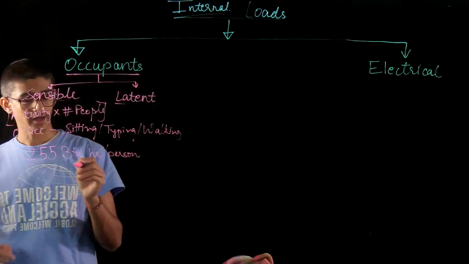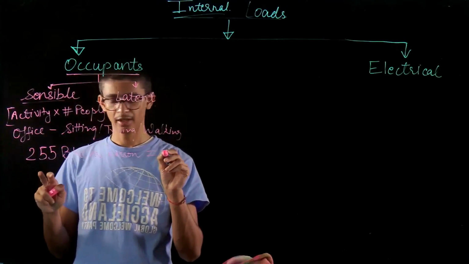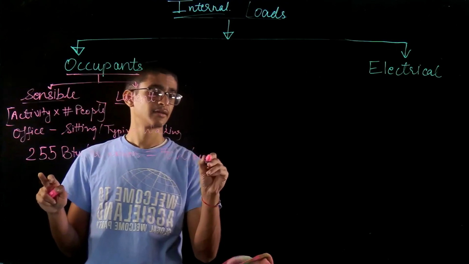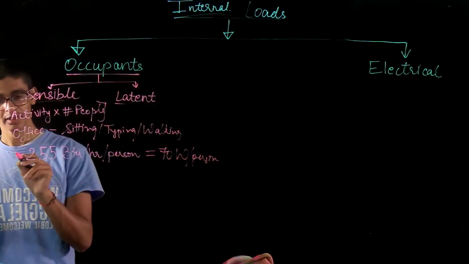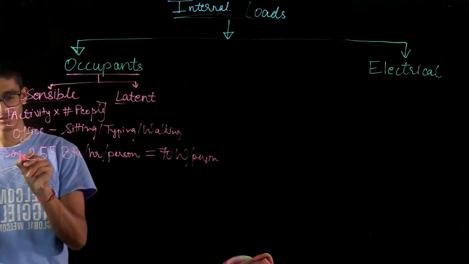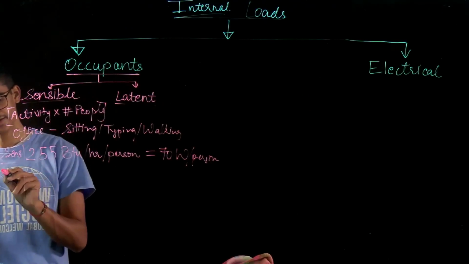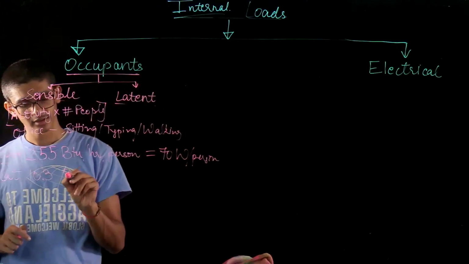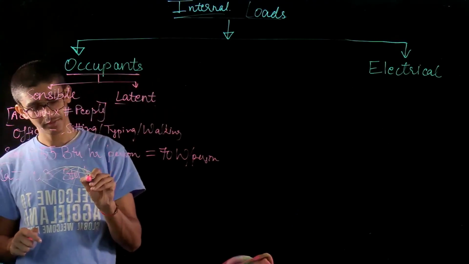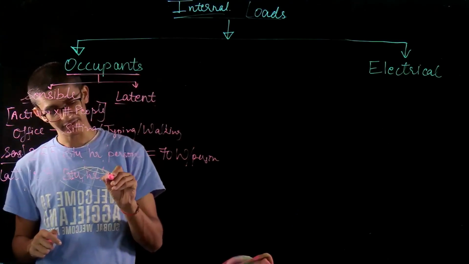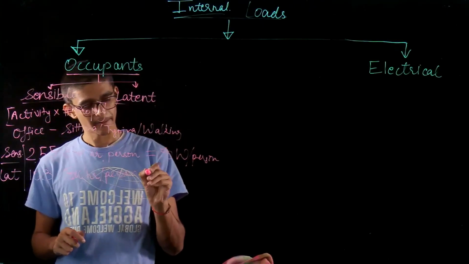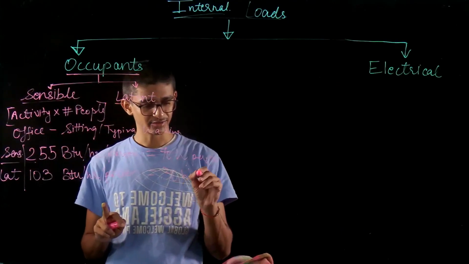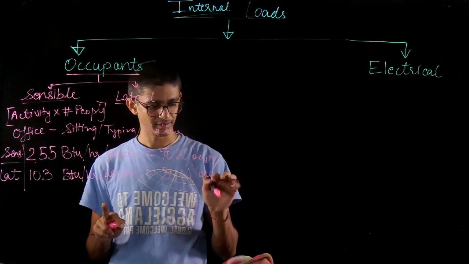This value is equivalent to maybe 70 watts per person. That's the sensible. And the latent part is close to 103 BTU per hour per person, and that's approximately 30 watts per person.